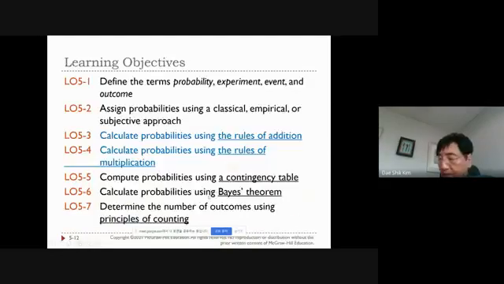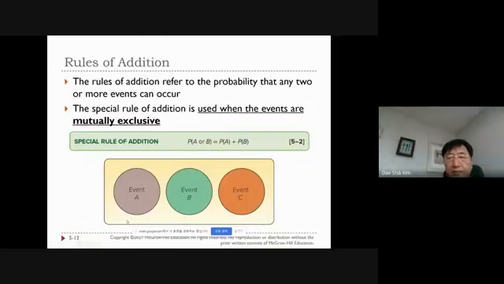Now, learning objectives 3 and 4: the rule of addition and the rule of multiplication. Read carefully: the rule of addition refers to the probability that any two or more events can occur. When events are mutually exclusive, for example A, B, C, there is no commonality.